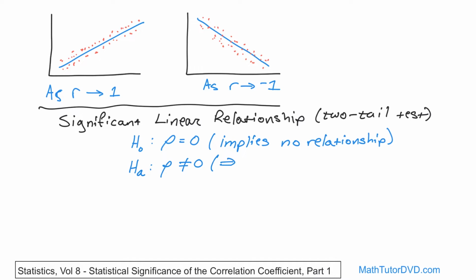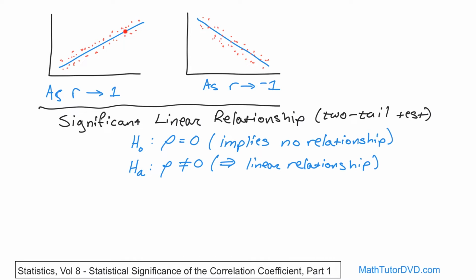And that implies, the arrow here means it implies a linear relationship. And specifically, it implies that we believe that there is a linear relationship here with a certain level of confidence. That's the only difference that this section is really adding, is that you're able to tag a level of confidence into your conclusion that there's some kind of linear relationship.